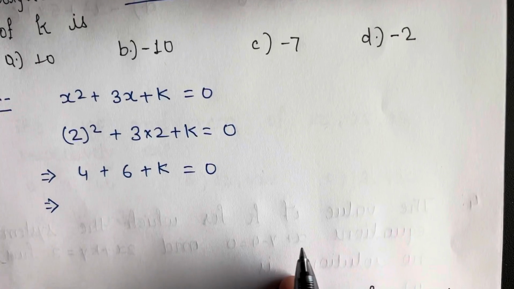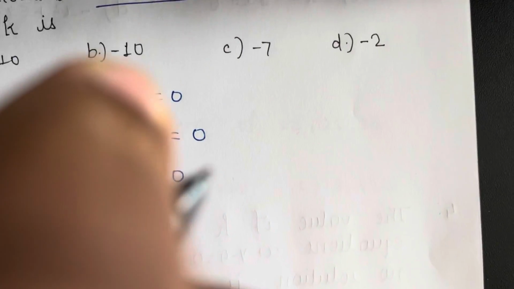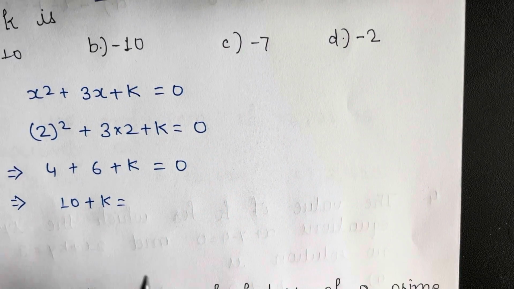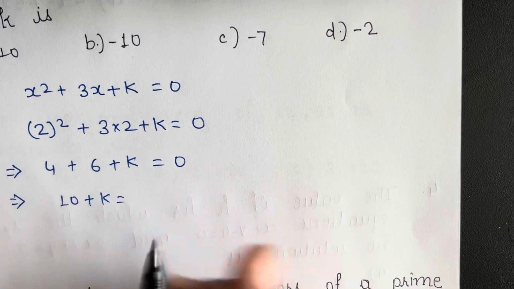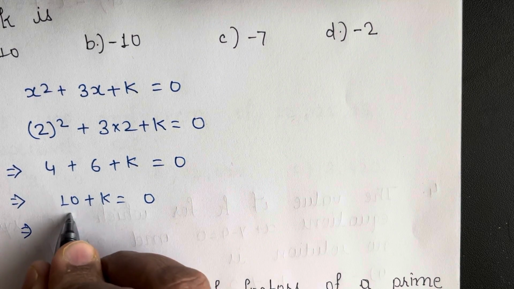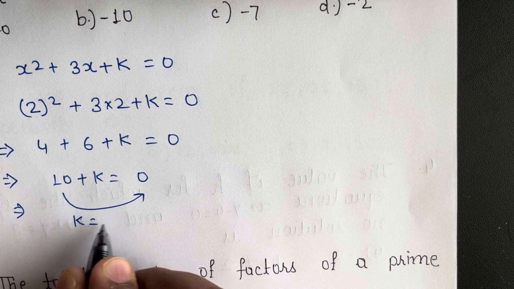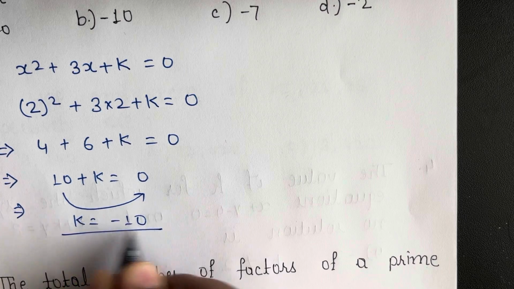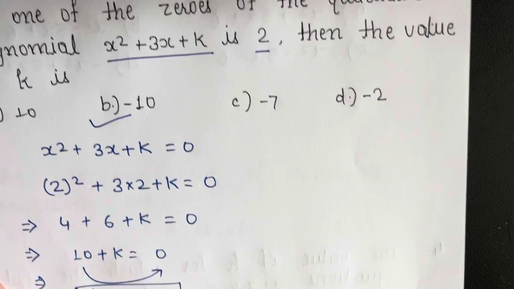It's an easy calculation from here. 10 plus k equals 0. If you move this to the right side of the equal sign, the sign will change, then k equals minus 10. So this is your answer.